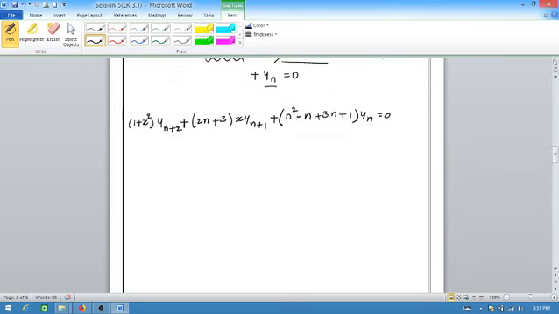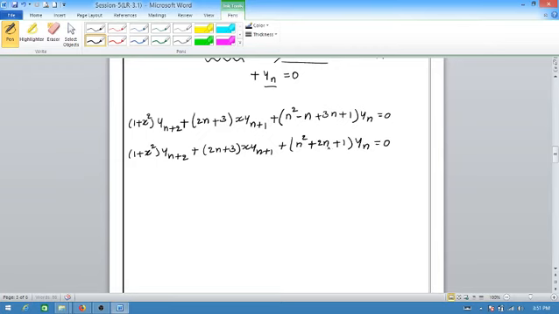So now simplify this again. 1 plus x square into yn plus 2, plus (2n plus 3)x into yn plus 1, plus here n square plus 3n minus 2 minus n is plus 2n plus 1, into yn is equal to 0.